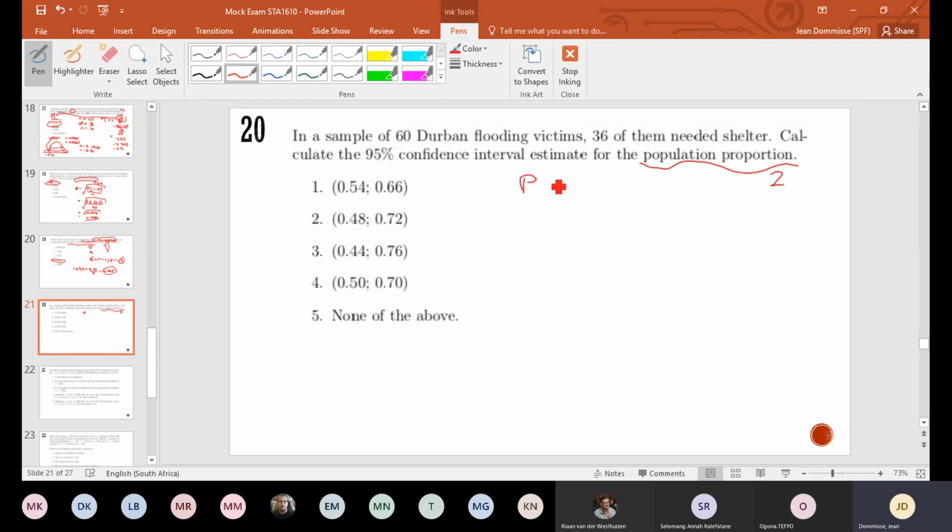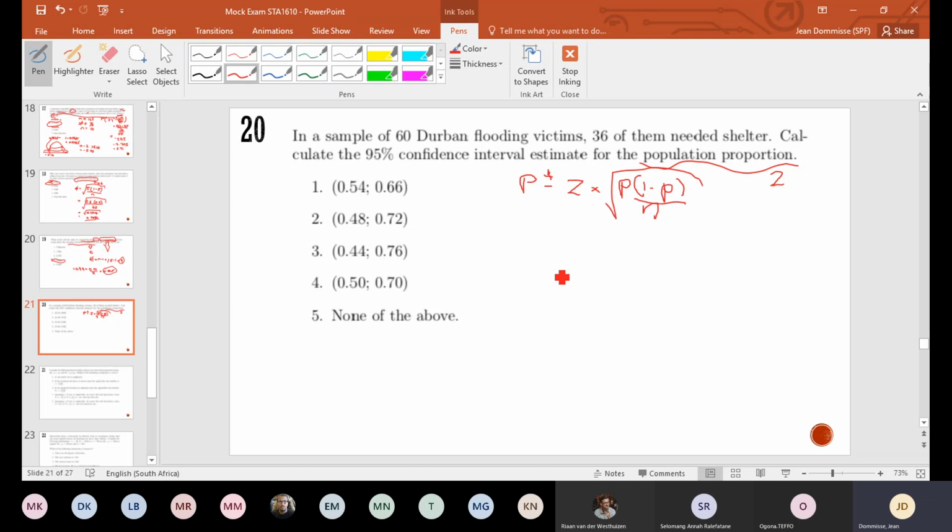So the confidence interval is P plus minus Z, and luckily this was also one of the formulas: Z times the square root of P(1 minus P) divided by N.